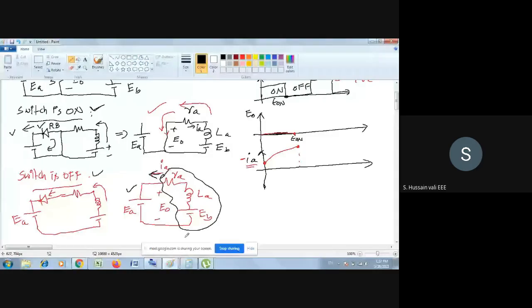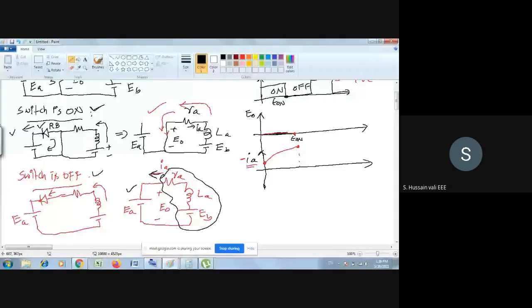When you design it like this, you see the possibilities yourself. When the switch is on, how does the switch conduct? It has only one possibility. For example, assume the current is flowing from left side to right side. Then when the switch is off, will the current continue in the same direction?